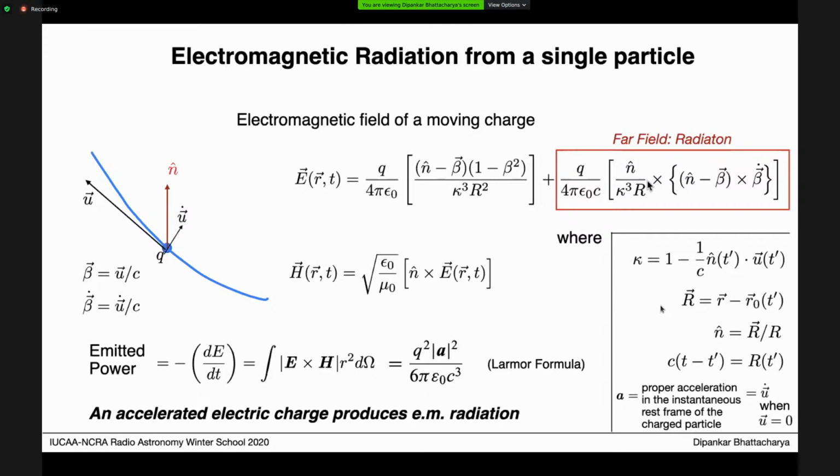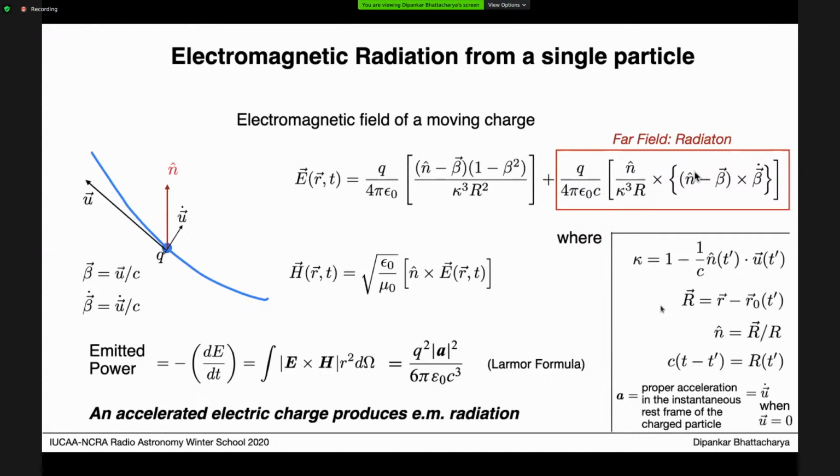And if you measure the electric field at a very large distance, it is this term, which is boxed here, that is going to dominate. And in fact, this is the radiation field that we experience. For a moving charge, in addition to the electric field, there is also a magnetic field that is produced, and that is given by the line of sight vector n cross the electric field.